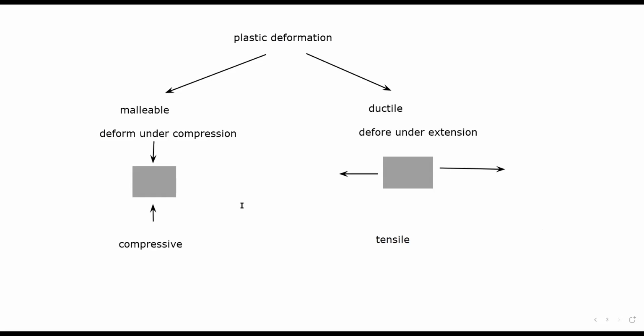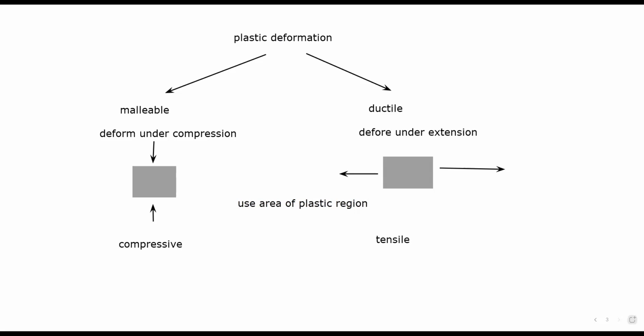From the graph, you just have to check the area of the plastic region to show that it is a plastic deformation. But to identify exactly whether it is ductile or malleable, it will be mentioned in the question.